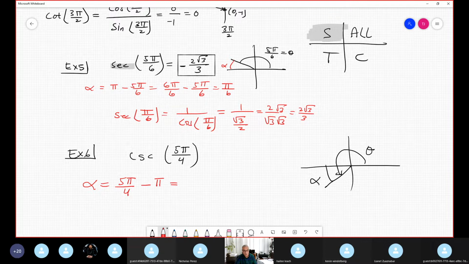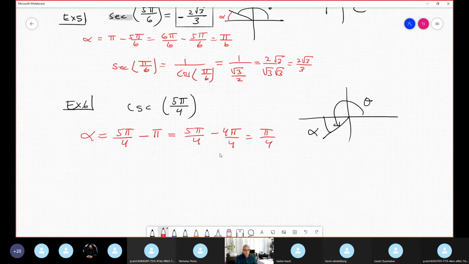Subtracting the other way, you know, it's negative, and negative has no sense. 5 pi over 4 minus 4 pi over 4. Oh, 5 minus 4 is 1, pi over 4. So I discovered that any trigonometric function of 5 pi over 4 is equivalent one to one to that of pi over 4.